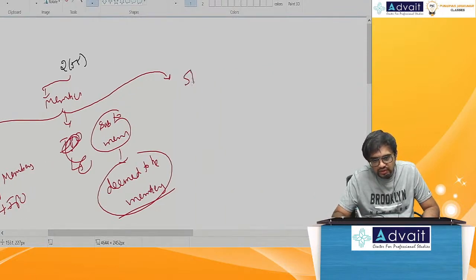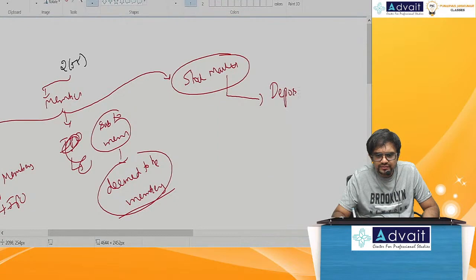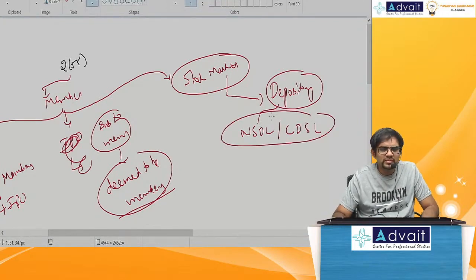If it is in the stock market, where shares are traded, the main person who controls the shares, who holds the shares, is called the depository. Depository is NSDL/CDSL, National Securities Depository Limited and Central Depository Services Limited.